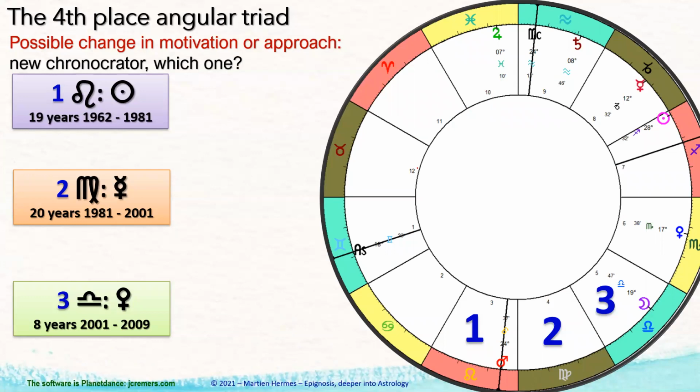So let's first have a look at what changes might be the motivation or approach to life, to whatever is happening to a person. Why is that? Because we get new chronocrates. So here we have the sun, and the sun is in a trine.